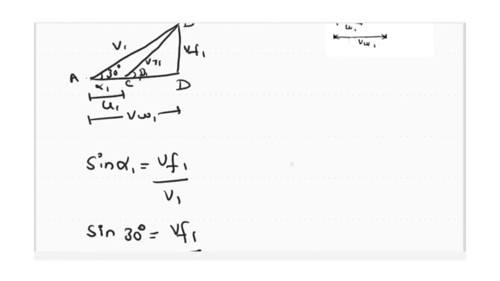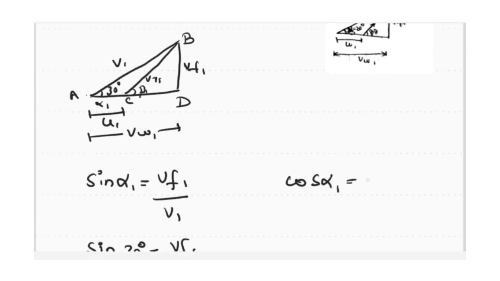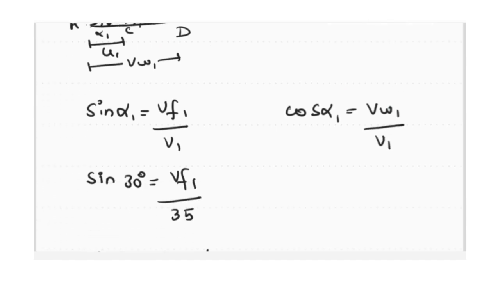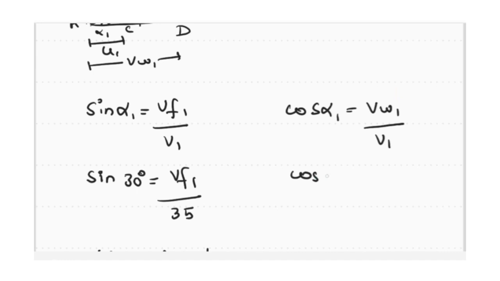Similarly I will apply cos alpha 1 to the same triangle. The adjacent side is VW1 and the hypotenuse is V1. So cos of 30 degrees is equal to VW1 divided by V1, which is 35.